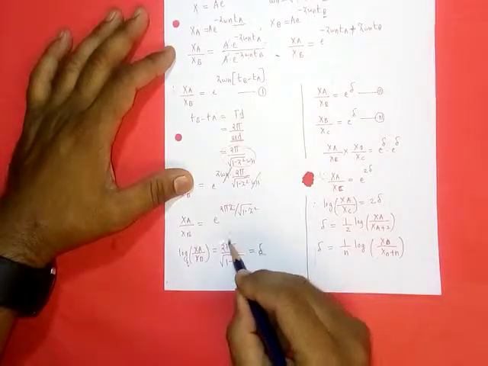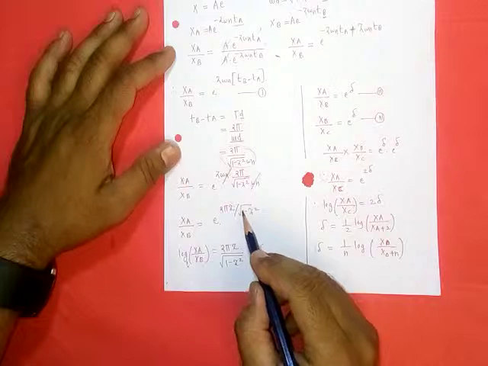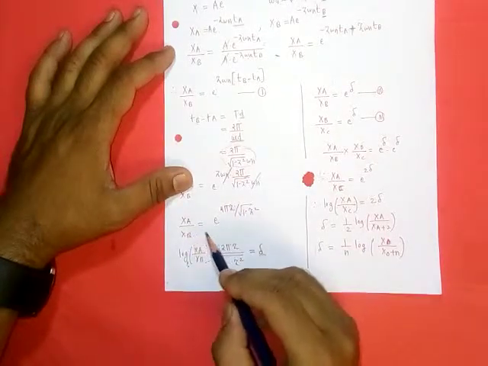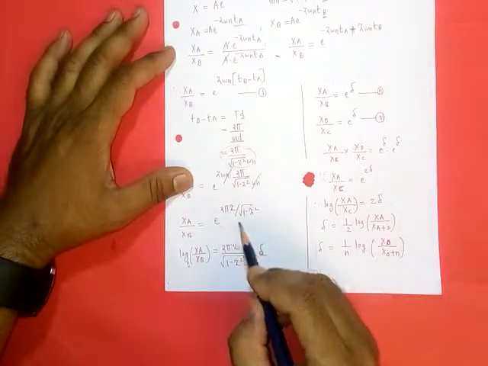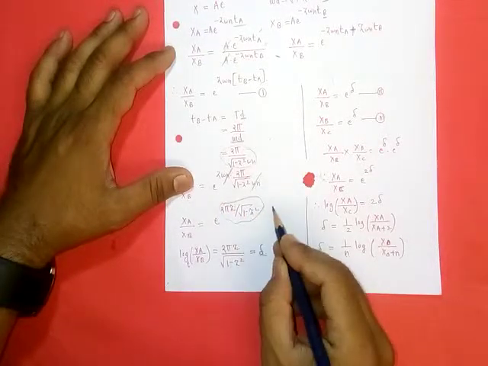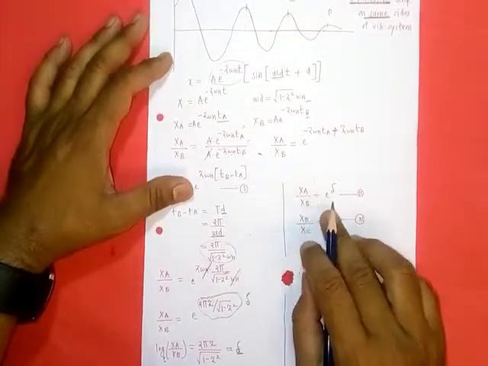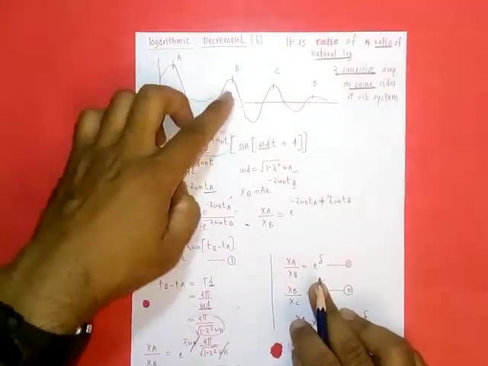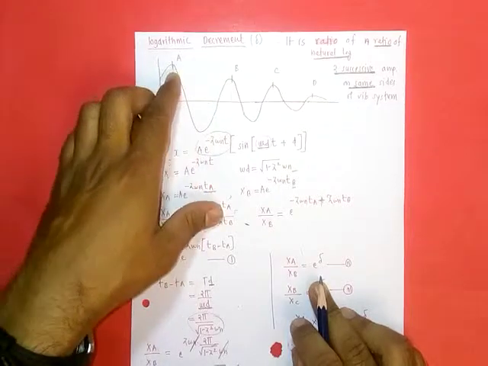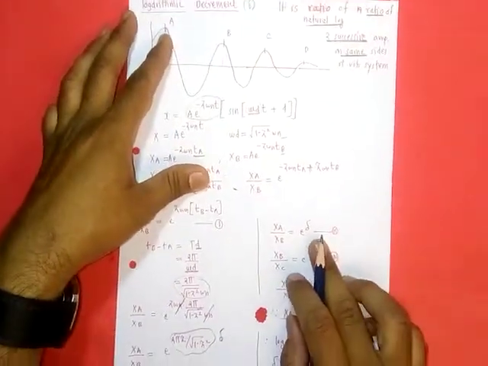Now putting this value in this equation and replacing it by del here, we get xa upon xb is equal to e raised to del. The ratio of two successive amplitudes of two successive cycles is equal to e raised to del.